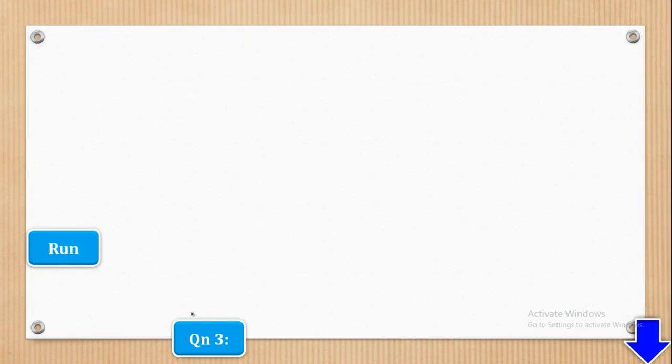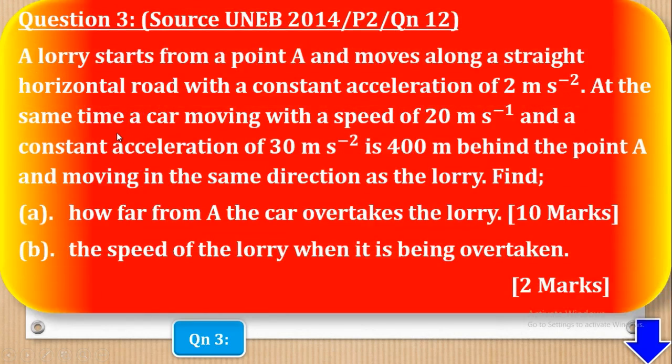Okay, so now we shall go to question 3, and question 3 says a lorry starts from a point A and moves along a straight horizontal road with a constant acceleration of 2 meters per second squared.